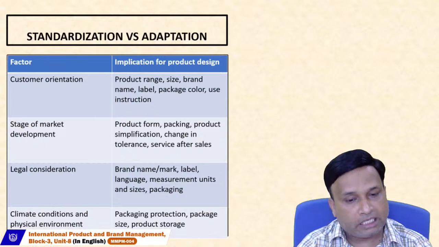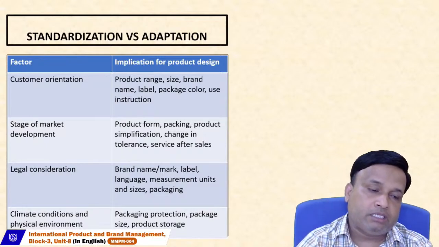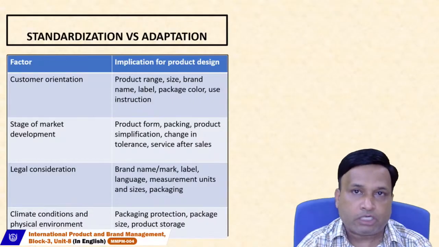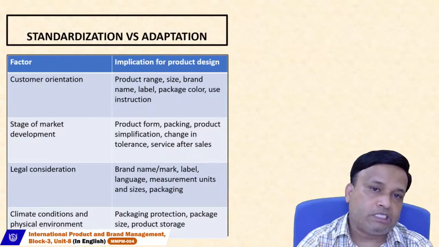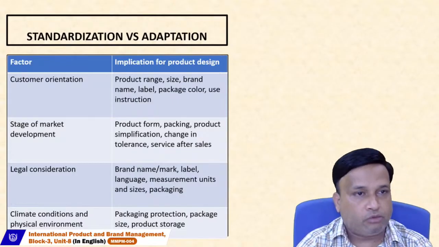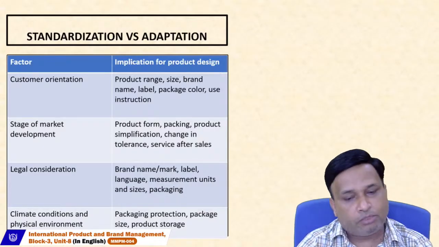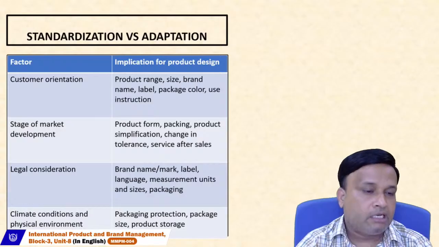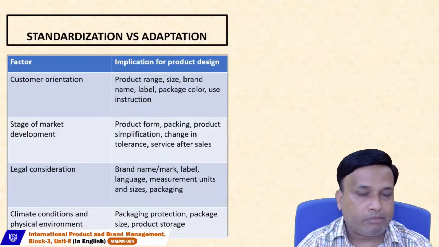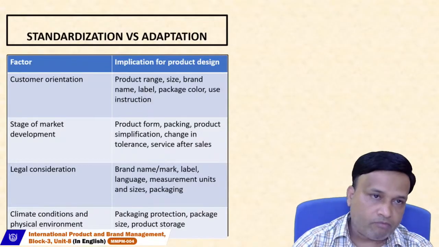So packaging protection, package size, and product storage have to suit the climatic conditions. On that basis you design your product, whether it will be standardized or adapted, based on customer orientation, stage of market development, legal considerations, climate conditions, and physical environment.